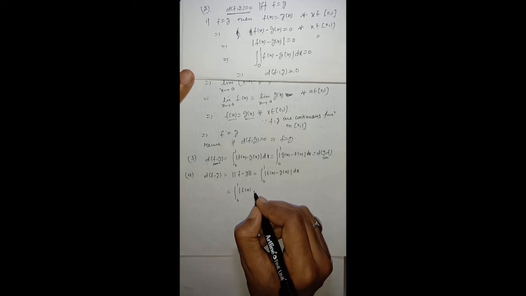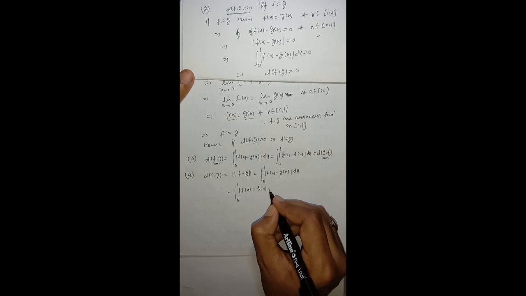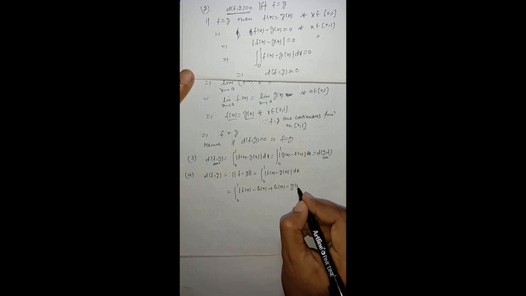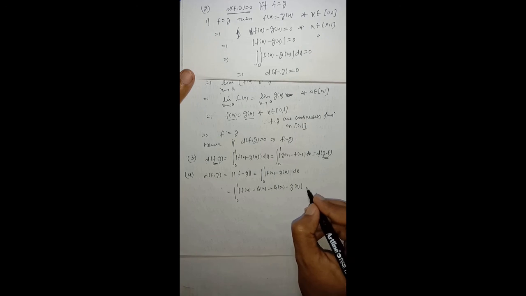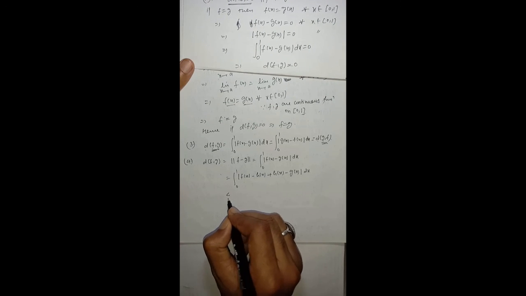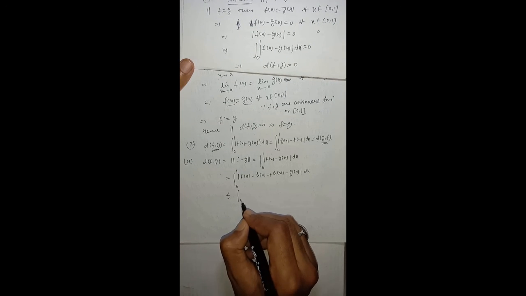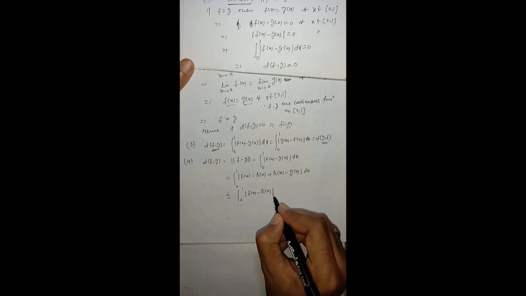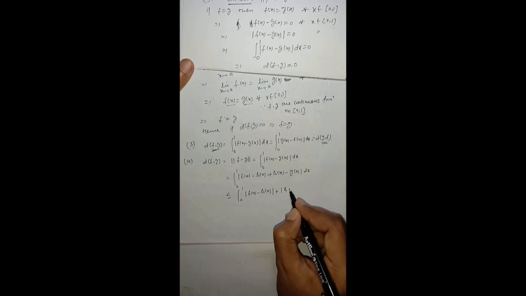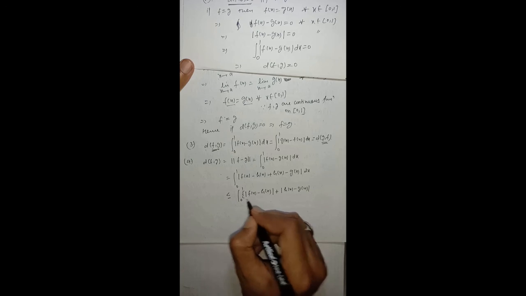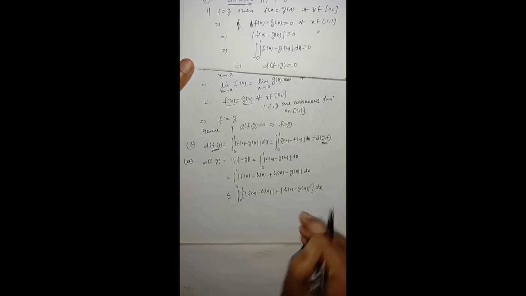If we add and subtract the same function, it will not affect the answer of this integral. This is less than or equal to the integral from 0 to 1 of |f(x) - h(x)| + |h(x) - g(x)| dx.